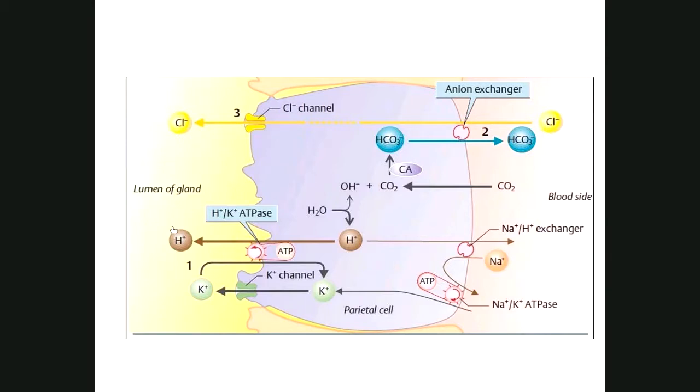So that's why when we are taking medication to treat ulcers in the stomach or in the duodenum, we use drugs that target this pump. And these medications are referred to as proton pump inhibitors.